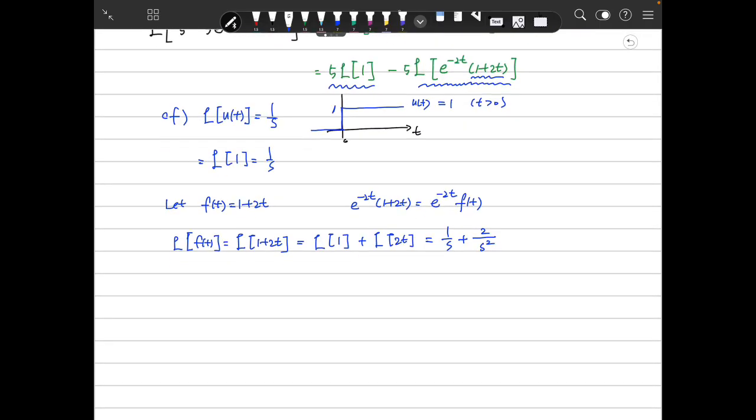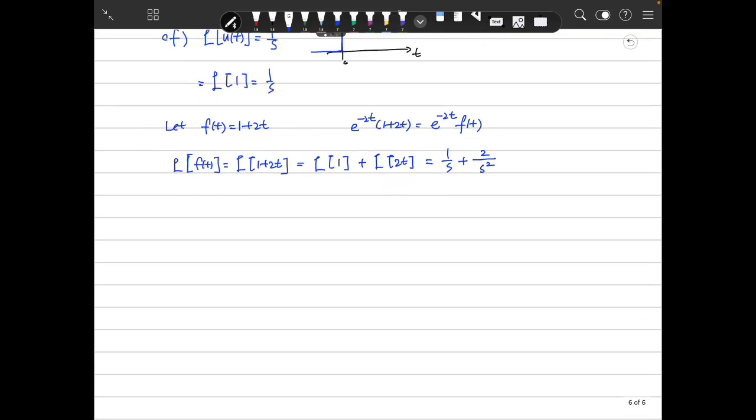So what you have to do is, for Laplace of exponential minus 2t times f(t), we use this: Laplace of exponential minus at times f(t) is F(s plus a). Here a is 2, so there will be F(s plus 2).